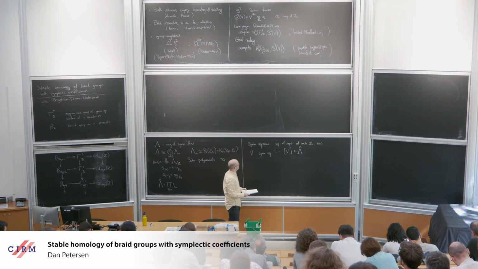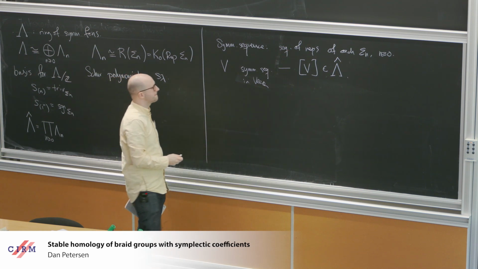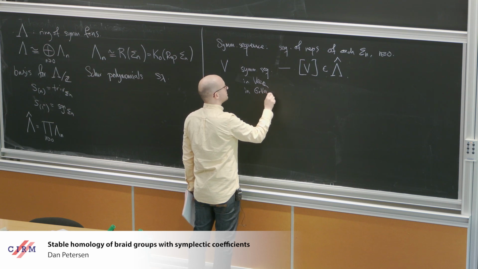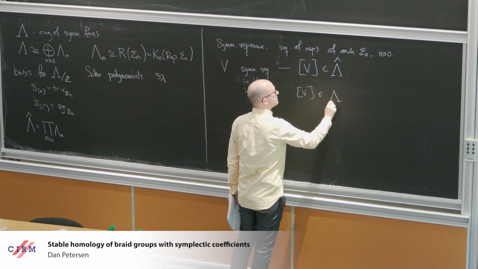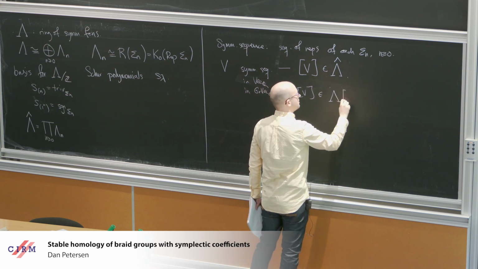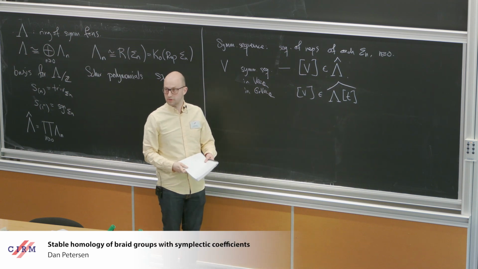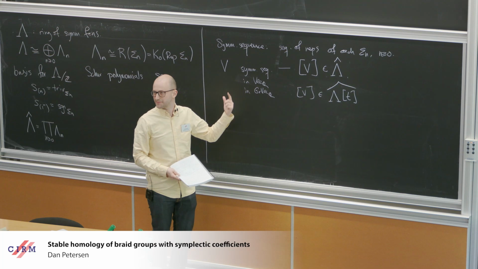And if I'm in vector spaces, and if I'm in graded vector spaces, then I might consider instead this in a polynomial ring where T keeps track of the grading.